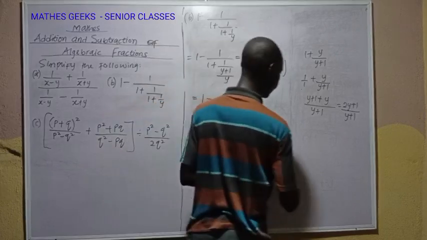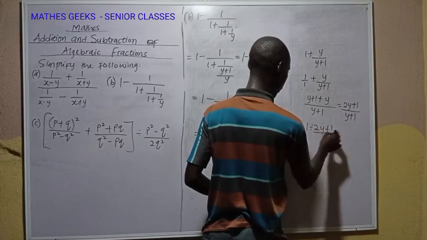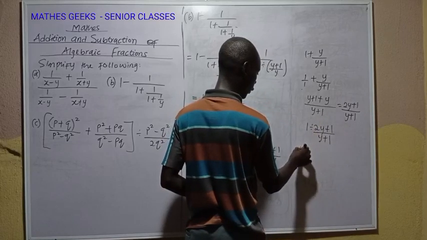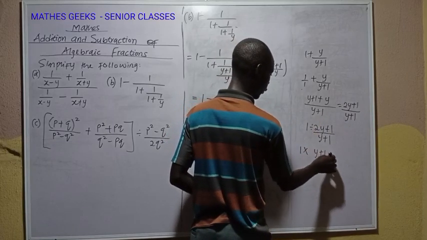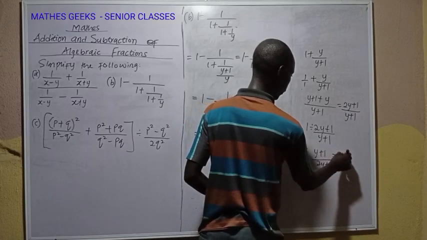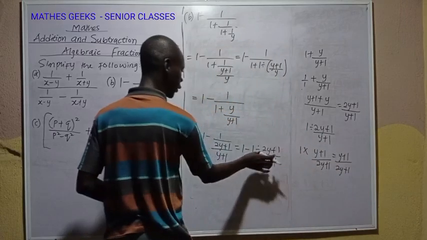Okay, so 1 divided by 2y plus 1 over y plus 1. Let's change this one to multiplication. So this becomes y plus 1 over 2y plus 1, and this equals y plus 1 over 2y plus 1. Put this in place of this.